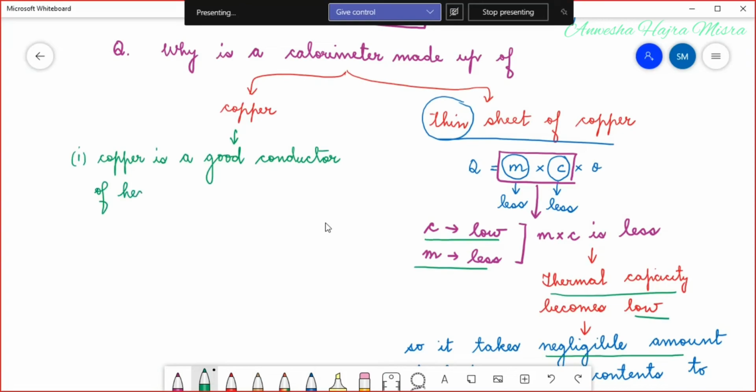You can add this to the second, thin sheet of copper. Copper is a good conductor of heat, so the vessel acquires the temperature of its contents fast.